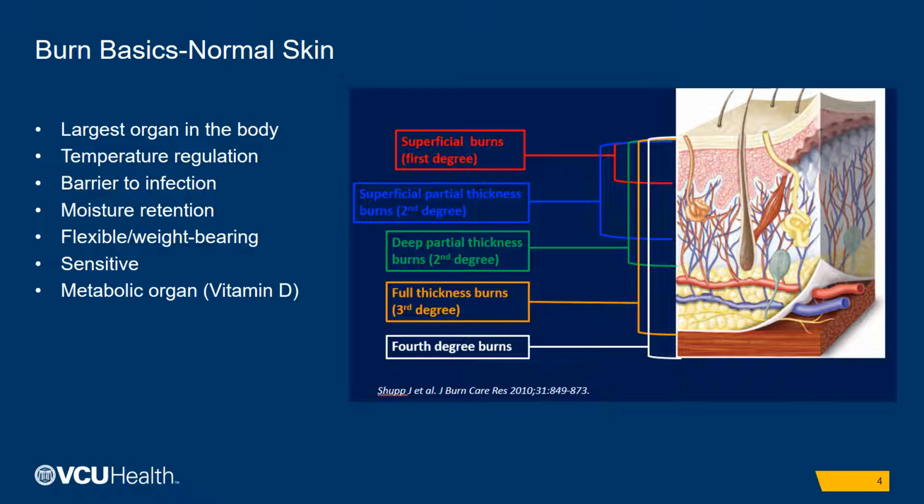Full thickness burns go through all the different layers of the skin, all the way into the fat, sometimes beneath, and that's a full thickness burn. It's very characteristic if you are not familiar with its appearance clinically. And then fourth degree burns take that one step further, all the way through all the layers of the skin, through the subcutaneous tissue and fat beneath, and into the underlying tissue that's either the muscle, bone, etc.